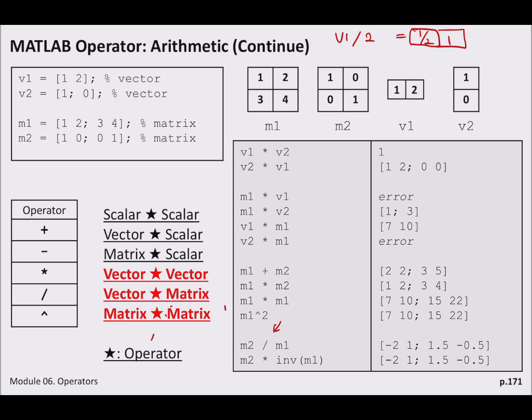It's kind of element-wise operation. But when we use the backslash between matrices, that's the matrix division, not the numeric division. Okay? This one is identical with the multiplication of the inverse of your matrix.